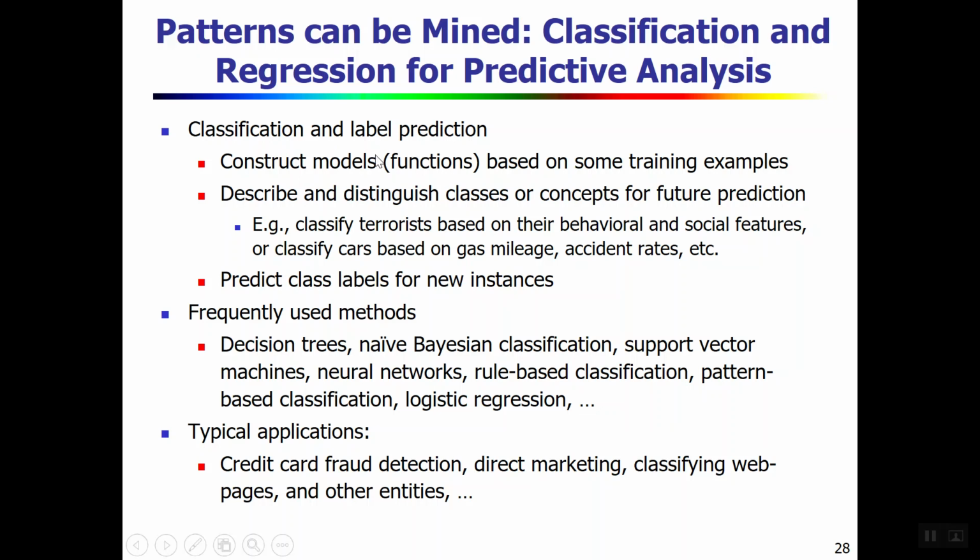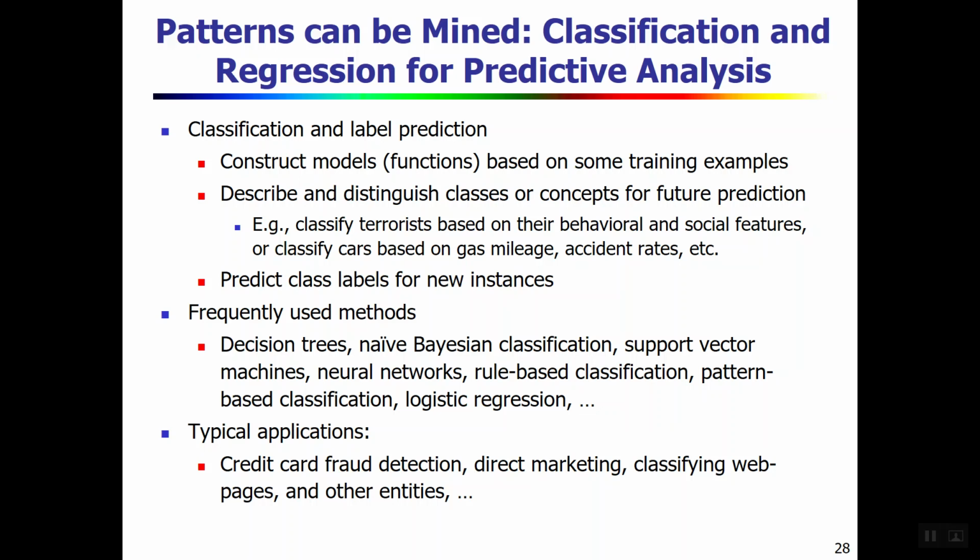Some additional examples include classifying terrorists, classifying cars, classifying many things. A lot of phenomena can be formulated into a classification task. For example, computer vision. How does a computer see what's in a picture? We build classification algorithms into computer vision systems.